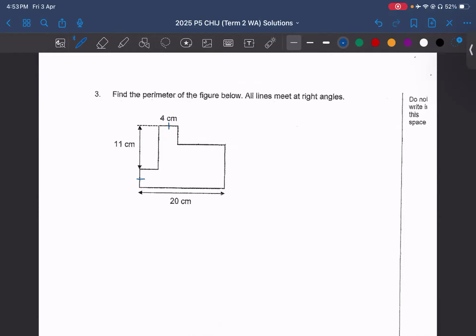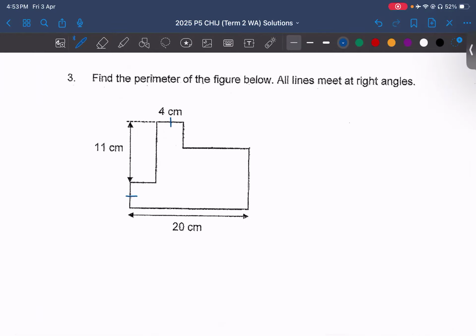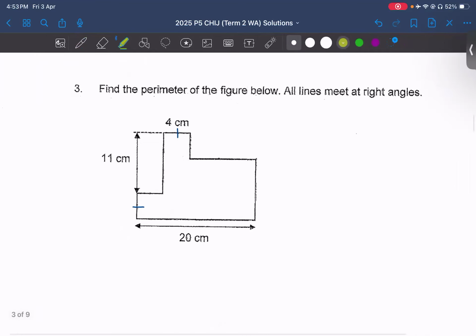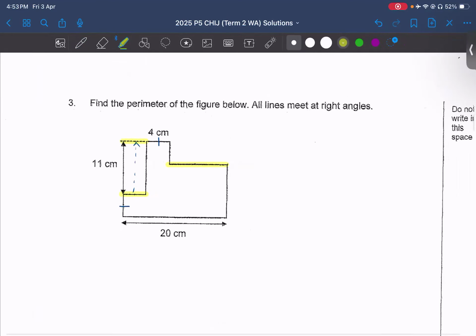So to find the perimeter of the whole figure, we're going to use something called the push-out method. So in this case, this line here, which is part of the perimeter of the figure, we can actually shift it upwards to this point here. And this portion here, we can also shift it upwards to this portion here.